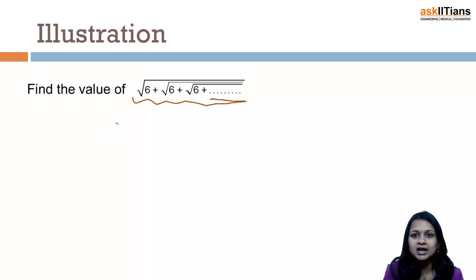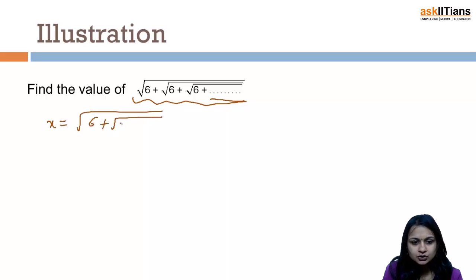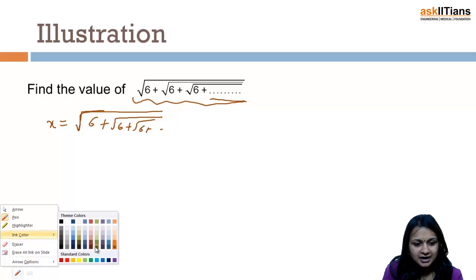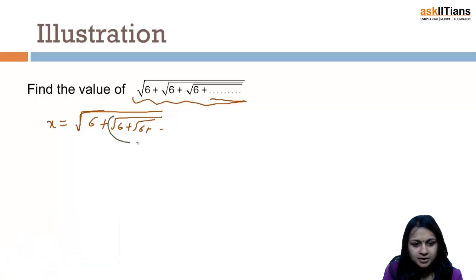So the first step I will assume it to be x. When I have assumed it to be x, I have x equal to under root 6 plus something. I can find under root 6 again from here, so this will again be equal to x. So x equal to root over 6 plus x.